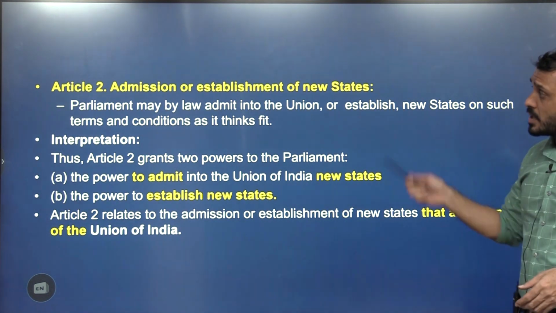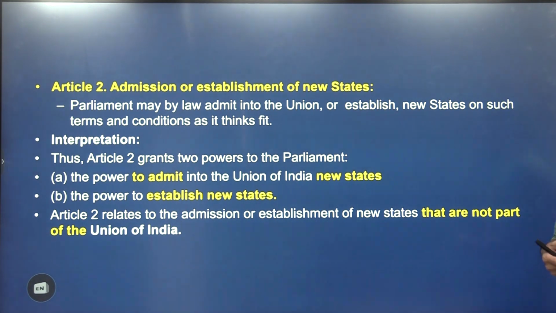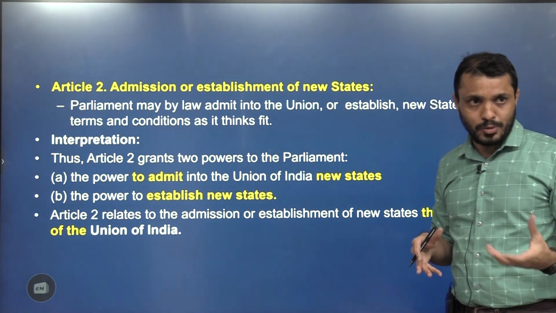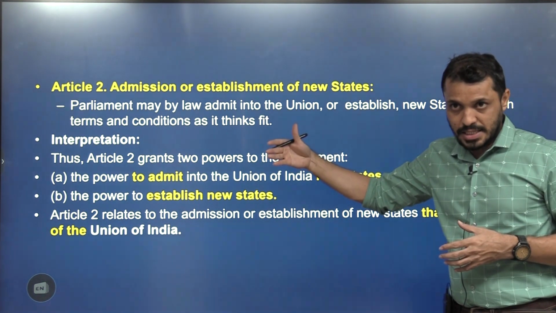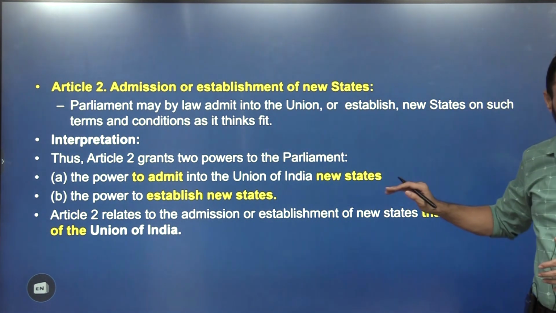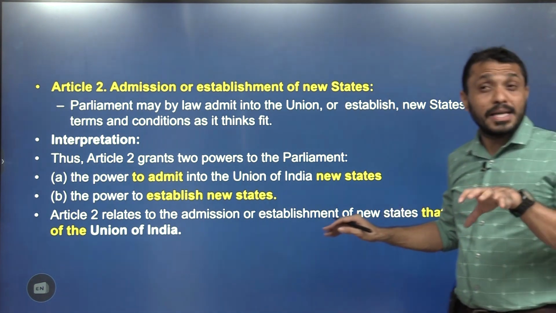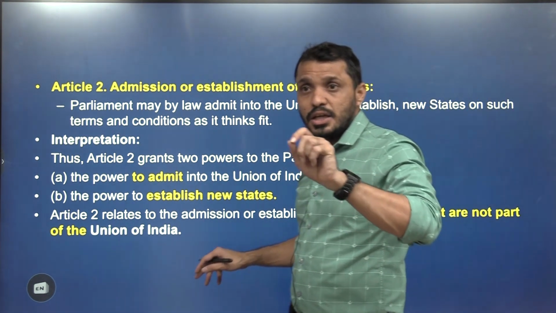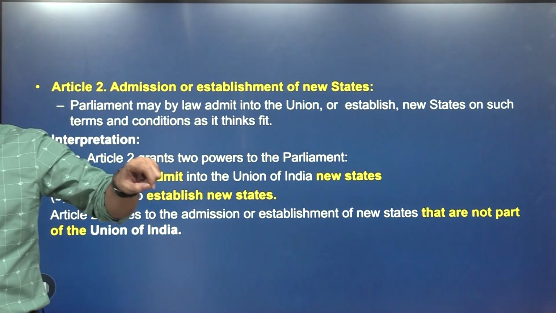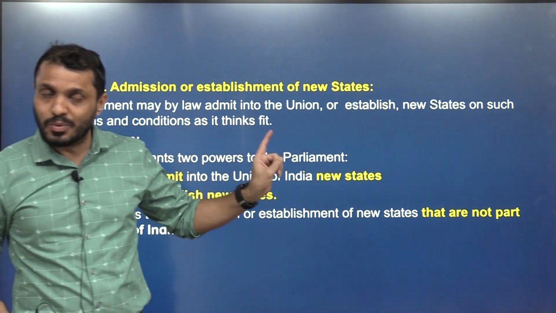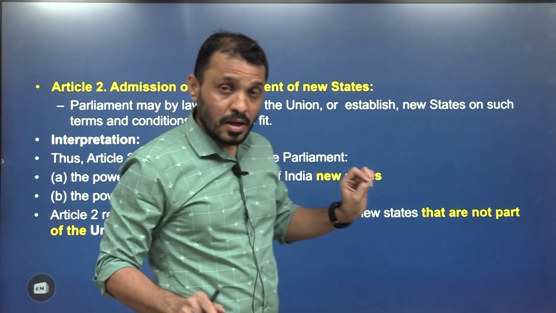Next, Article 2, establishment of new states. If you are acquiring any part into the Indian territory, like previous cases, all this comes under Article 2. In the Berubari case, Supreme Court clarified that if you are doing anything according to Article 2, obviously you require the Constitution amendment.